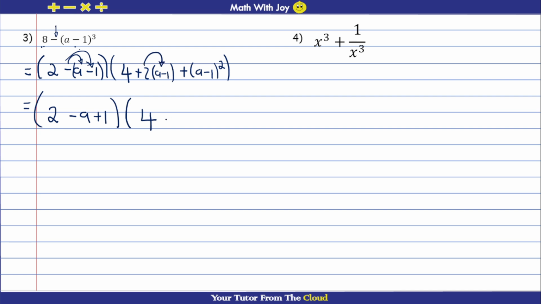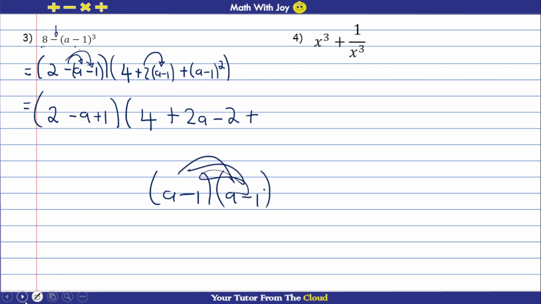Multiply the 2 inside to give us positive 2a minus 2. Then I multiply this bracket out. Remember, a minus 1 squared is the same thing as a minus 1 multiplied by a minus 1. So you can just do your FOIL method in order to solve for that.